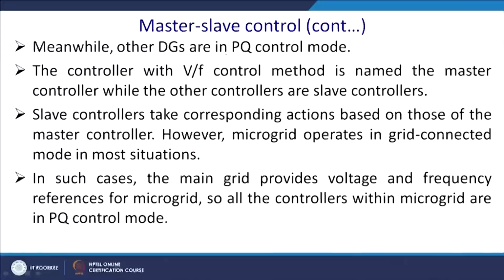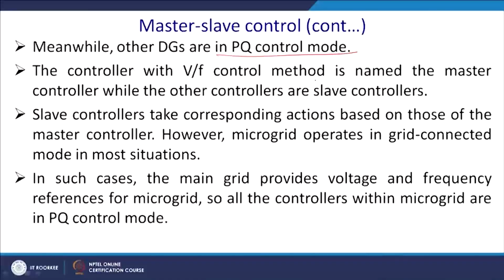Meanwhile, the other DGs are in PQ control mode. They will inject the power and, since the main is V by F, the others will maintain the required reactive power and real power in the system as desired by the V by F. The controller with the V by F control method is named the master controller, while the other controllers are the slave controllers.